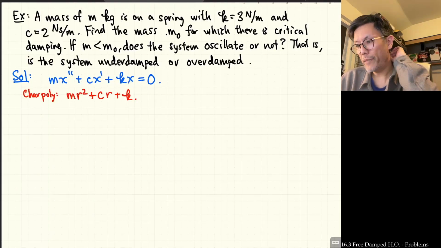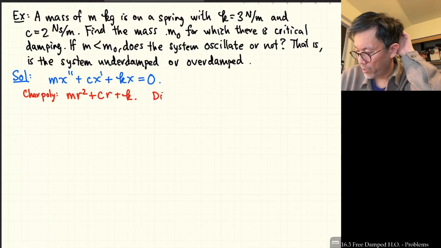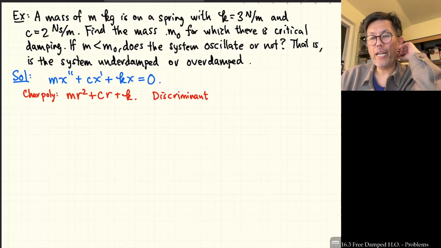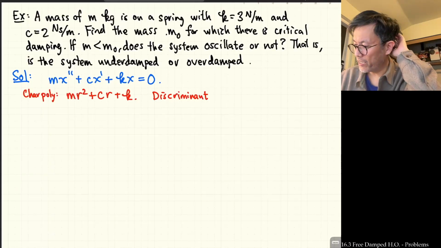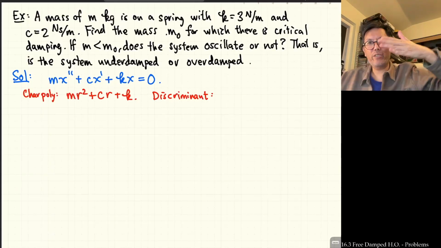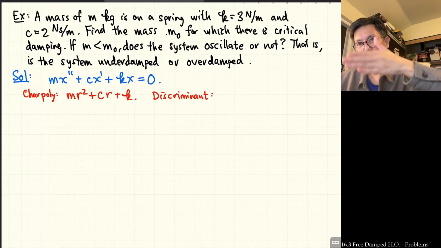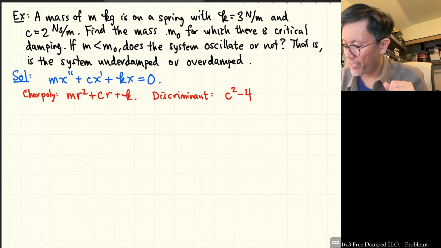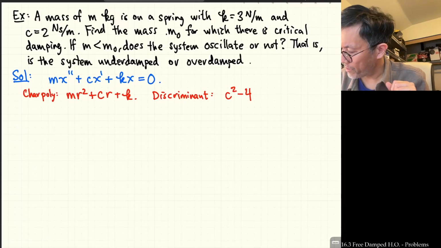And so the discriminant, which is the quantity which determines whether we are underdamped, overdamped, or critically damped, is given by, in this case, c squared, the coefficient in front of the r term squared, minus 4 times m times k.